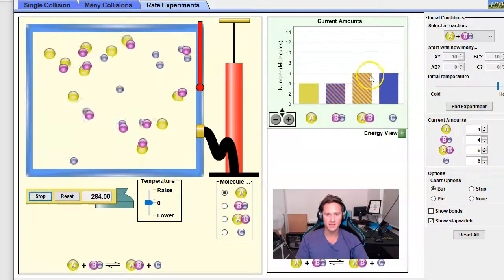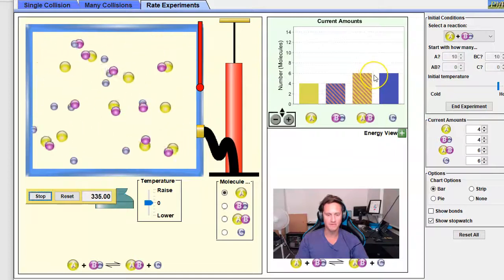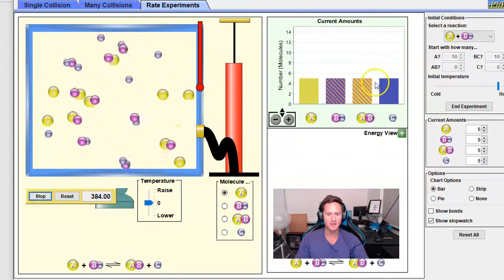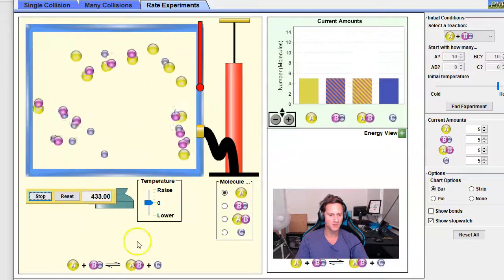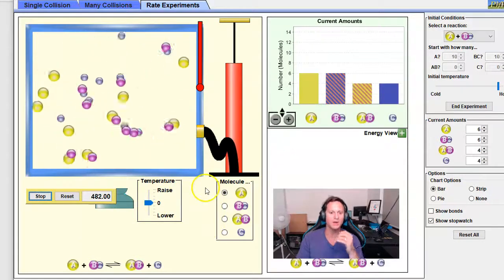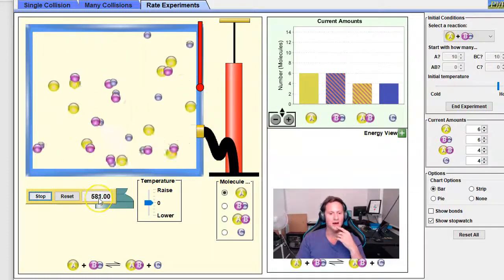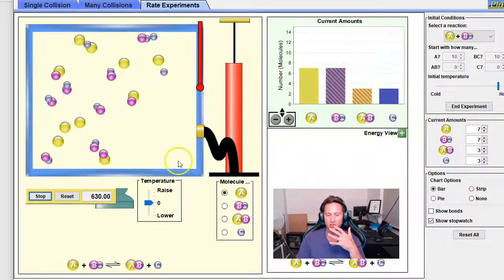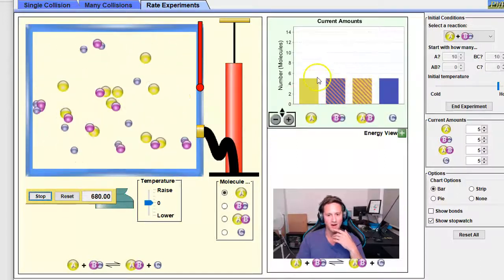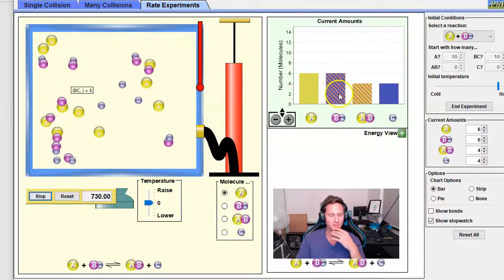Now, you can see that the products are being formed pretty quickly, but there's also a reverse reaction happening too. So realistically, that 1,000 second mark might be a little bit too much because it's really going back and forth really quickly.